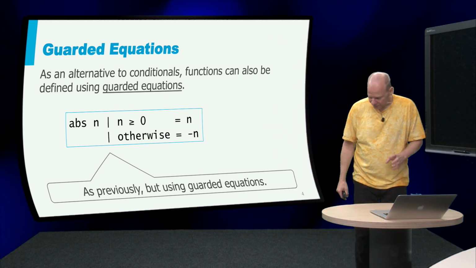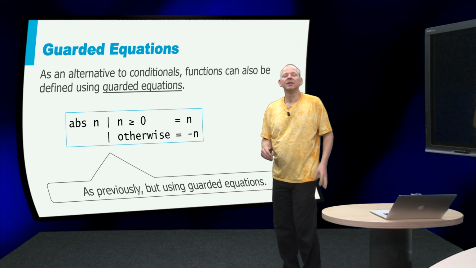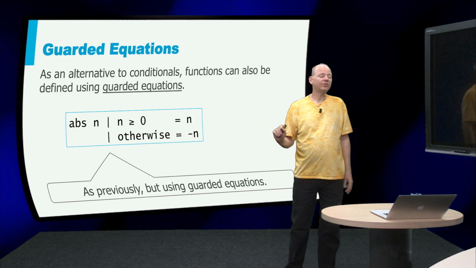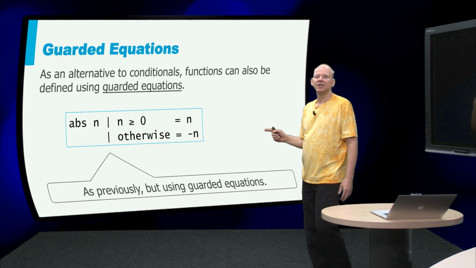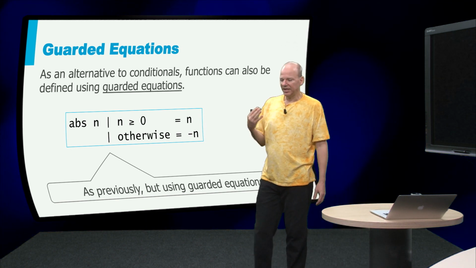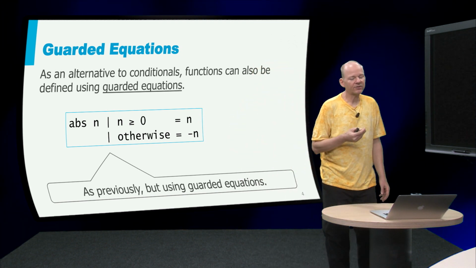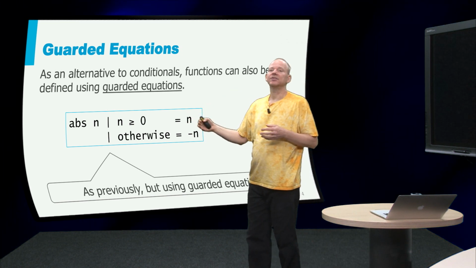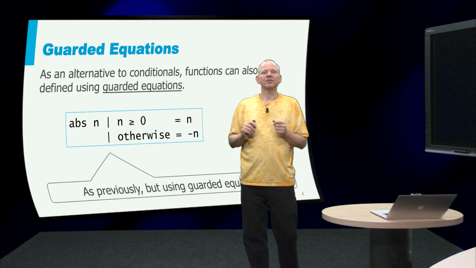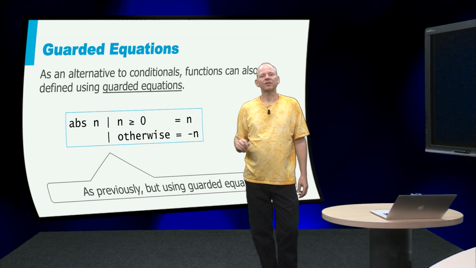Now, because Haskell people like brevity, they often don't use conditional expressions, but they use so-called guarded equations. And a guarded equation captures a common pattern where a function starts with a conditional. So if the right-hand side of a function definition immediately has a conditional, it's often nicer to use this form with guarded equations.